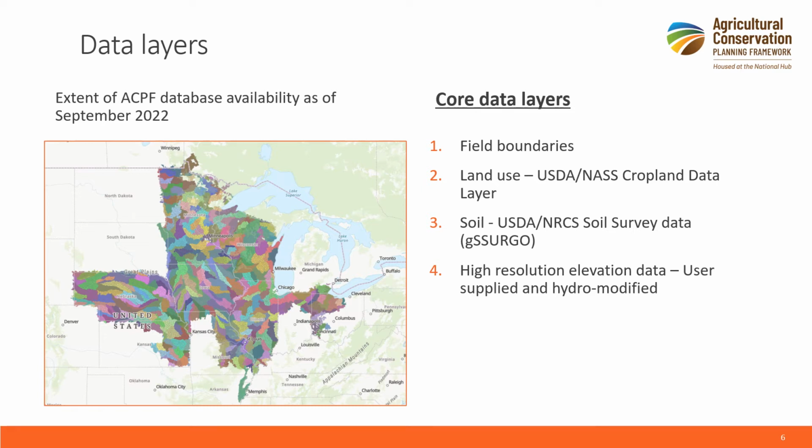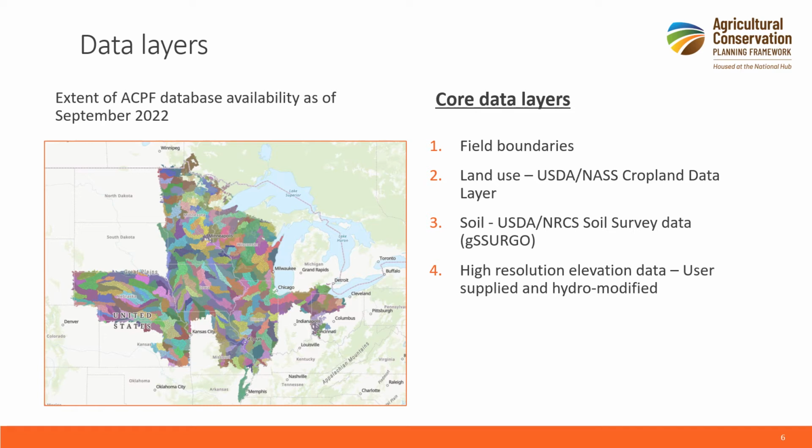Additionally, users must supply a high-resolution digital elevation model that has been hydro-modified to model real-world surface runoff patterns. New watersheds continue to be added to the ACPF core database as the tool gains popularity and its use expands throughout the Midwest and Great Lakes regions.